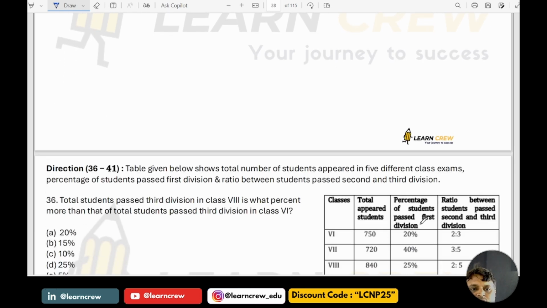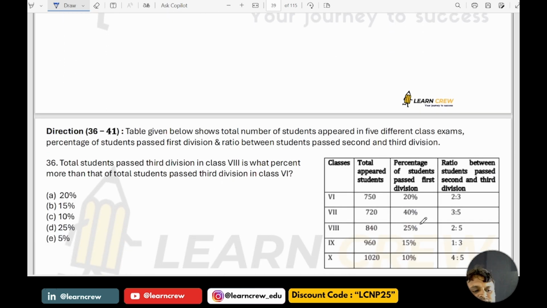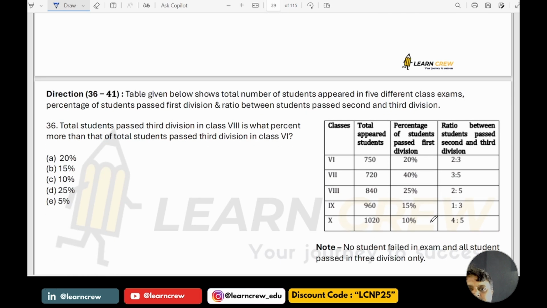Here, questions 36 to 70 are based on your quant section, and 36 to 41 are based on DI. The table shows the number of students appeared in 5 different class exams, the percentage of students passed in first division, and the ratio between students passed in second and third division.